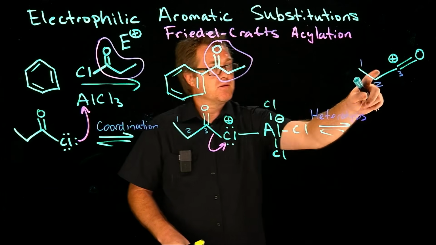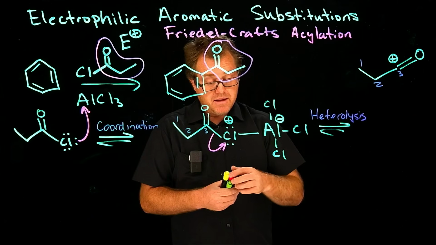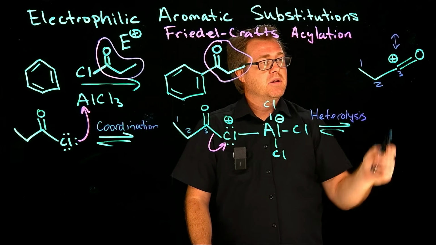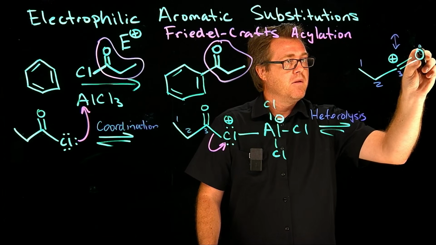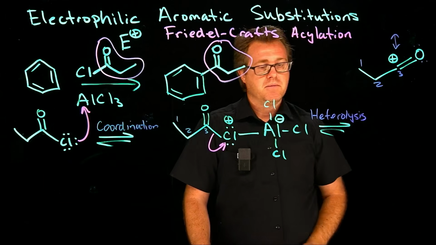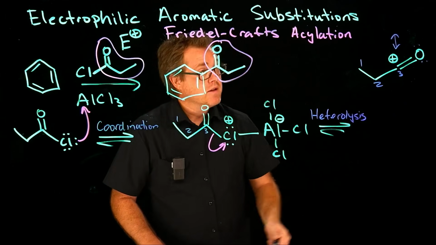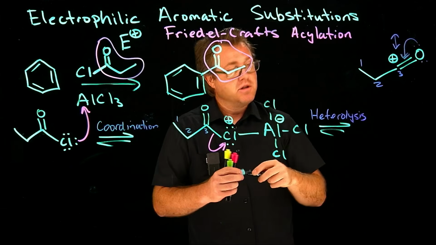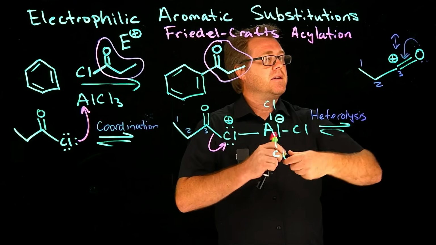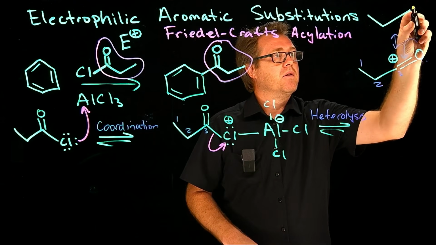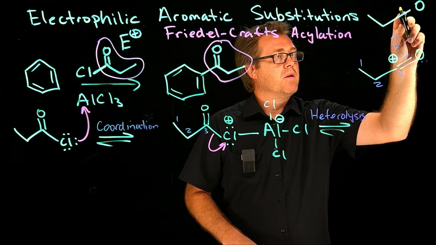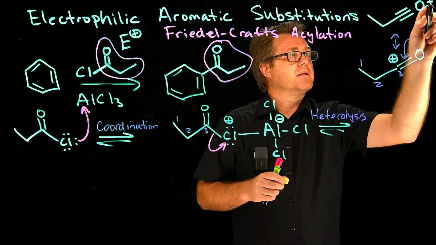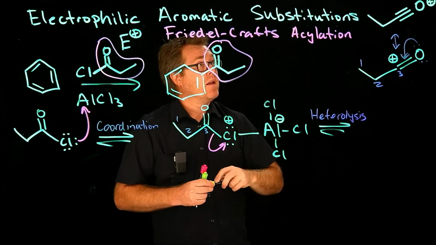And this species right here is resonance stabilized. So it could look like this as well, because we have our 2 lone pairs right there. And so one of those lone pairs could come down to help stabilize that positive charge to give us a species that looks like this. Like that. And so now that is positively charged right there.